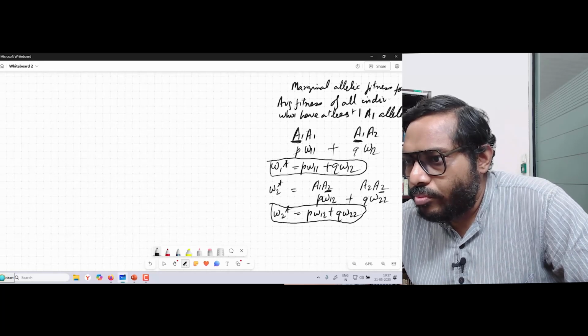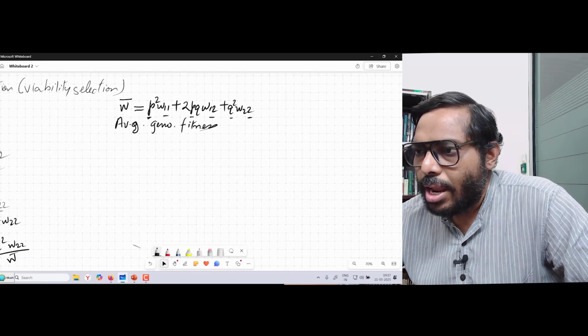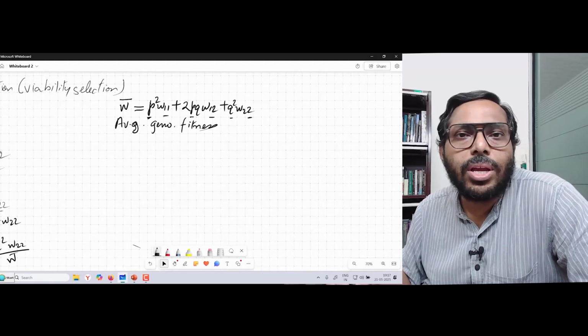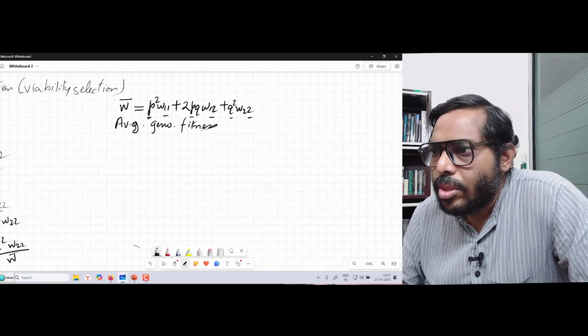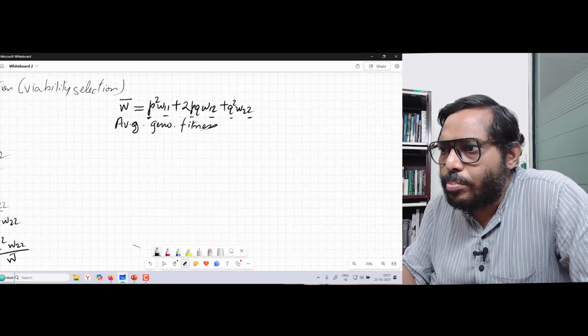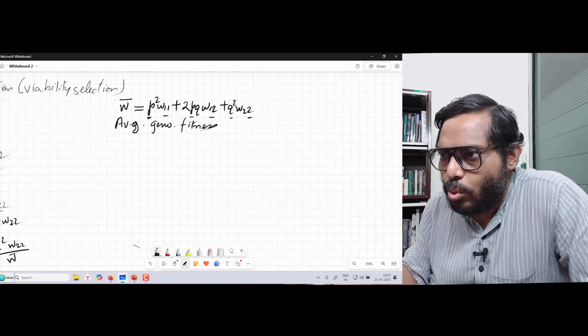To figure out what is happening, we come back and look at this W bar. We said W bar is equal to P square W11 plus 2PQ W12 plus Q square W22. I can break up the 2PQ W12 as PQ W12 plus another PQ W12, so W bar equals P square W11 plus PQ W12 plus PQ W12 plus Q square W22.